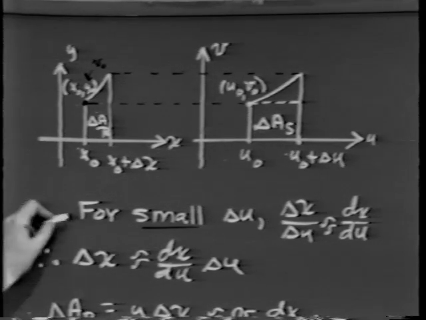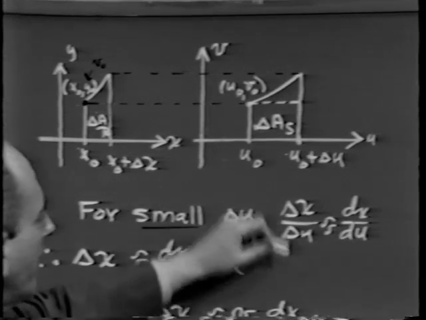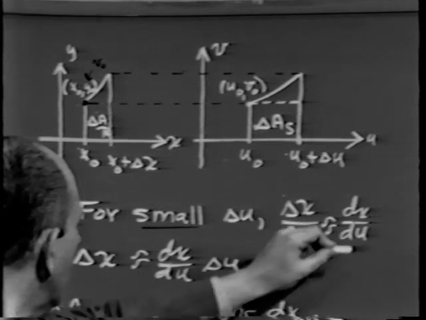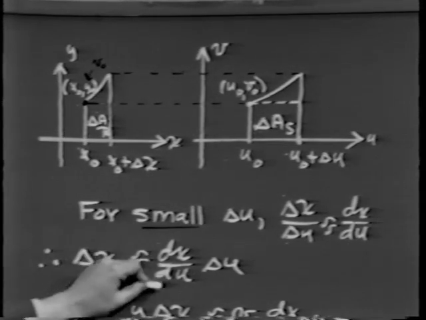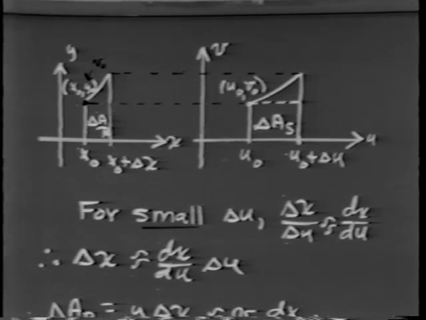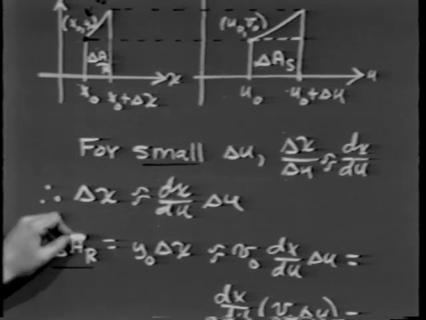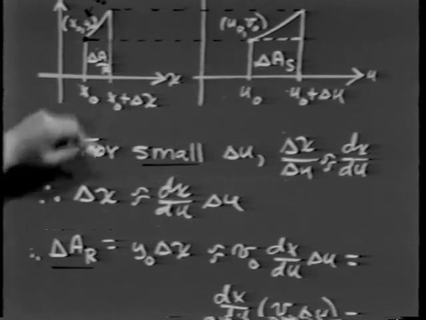All right? Now, for small delta u, notice that by definition of derivative, delta x divided by delta u is approximately dx du. Consequently, I can say that delta x is approximately dx du times delta u. Now, the thing that I really want is not the area of a piece of S. I want a portion of the area of R. I want delta A sub R.